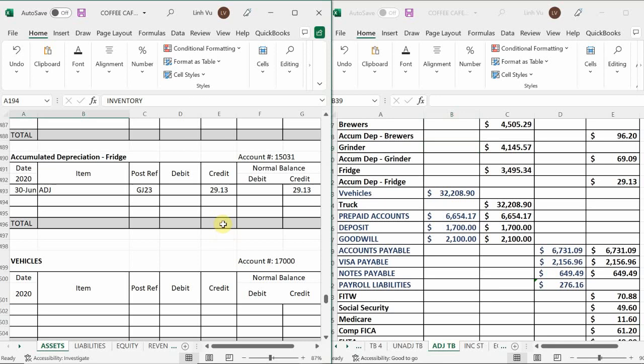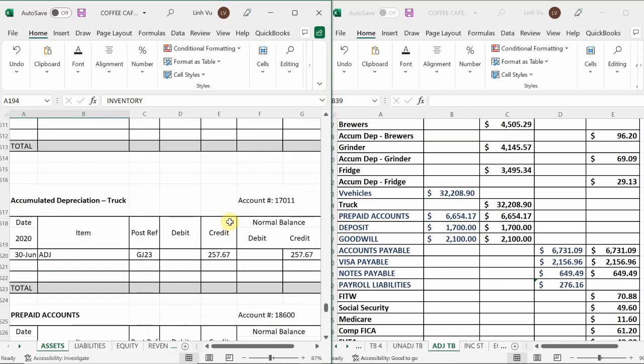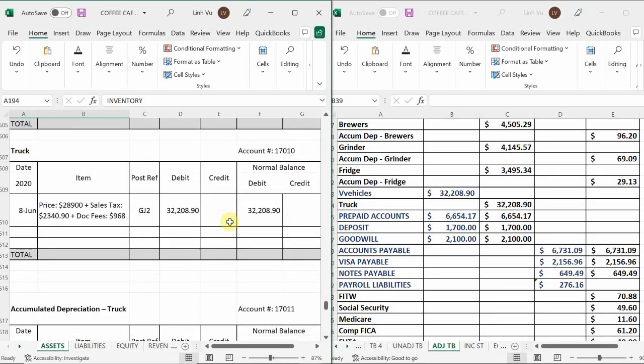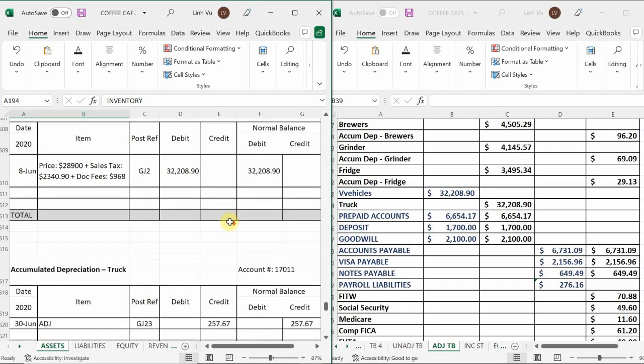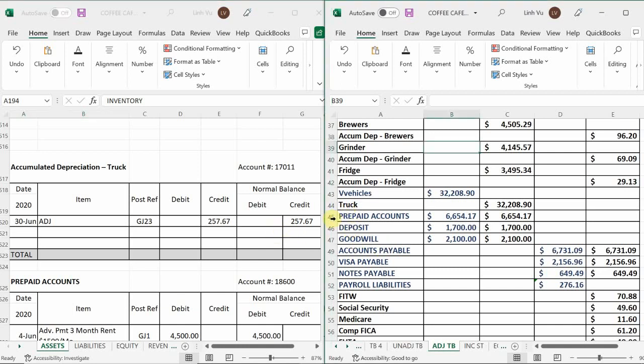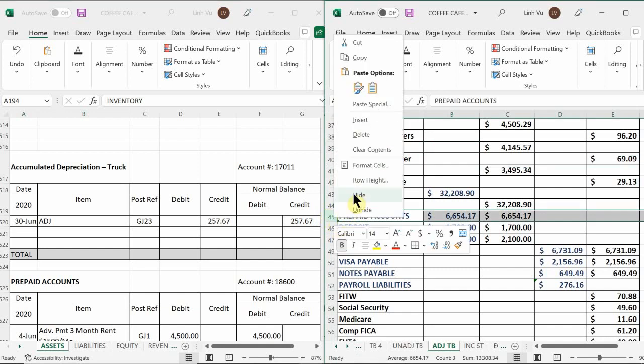And of course, we have accumulated depreciation for the vehicle, right? It's still at $32,208.90, but right now the grand total of the accumulated depreciation is $257.67. So I have to include that right here.